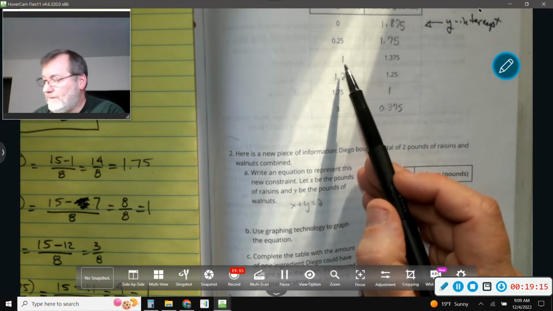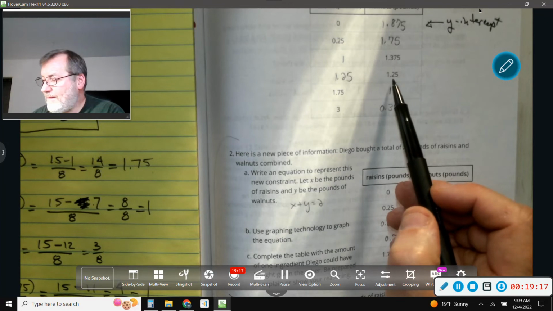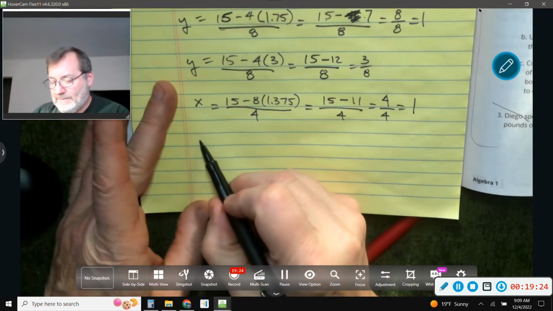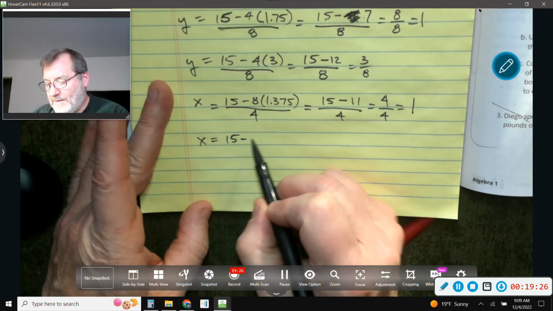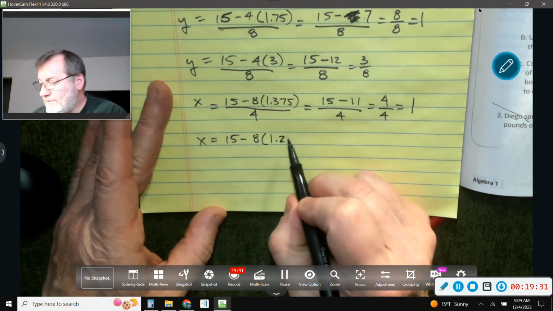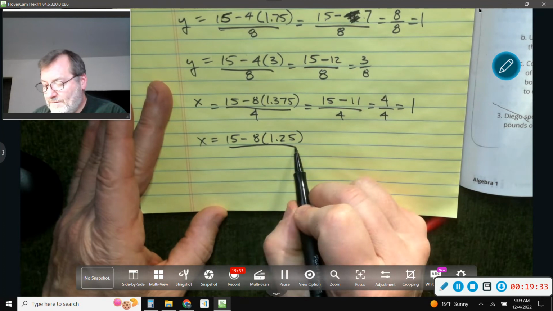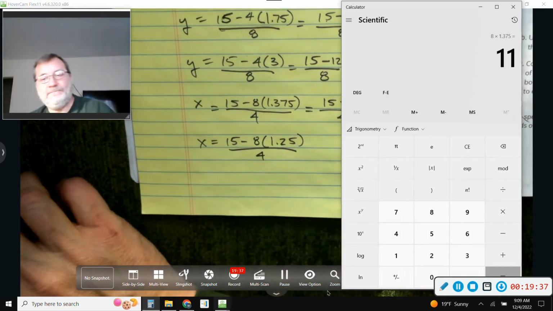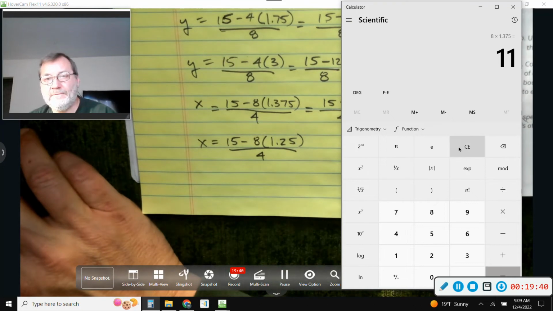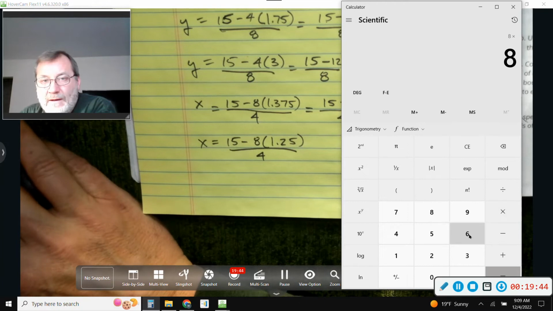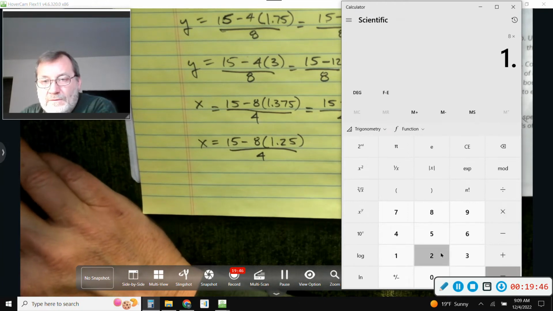1. Alright. Next one, 1.25 pounds of walnuts. So x equals 15 minus 8 times 1.25, everything divided by 4. So let's see. Let's clear everything out here. And we got 8 times 1.25.